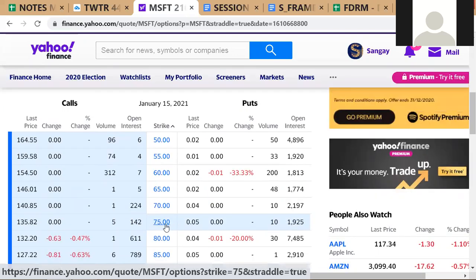For any given strike, as you go to longer maturities, the prices will keep on increasing. So my question to you is, the prices are going to be higher for the longer maturities because of higher intrinsic value or higher time value?